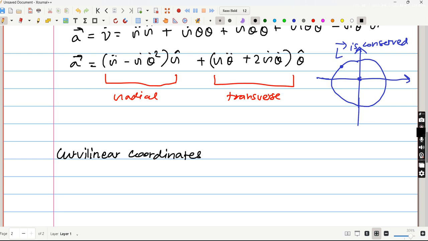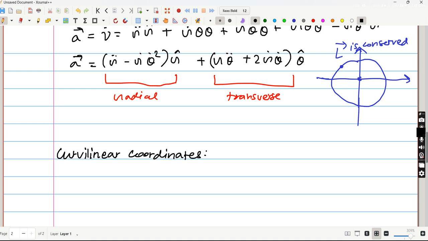Polar coordinates and Cartesian coordinates are special cases of curvilinear coordinates, because the coordinate surfaces or the axes intersect at right angles. That's why they are called orthogonal curvilinear coordinates. But in general, it is good to generalize curvilinear coordinates.